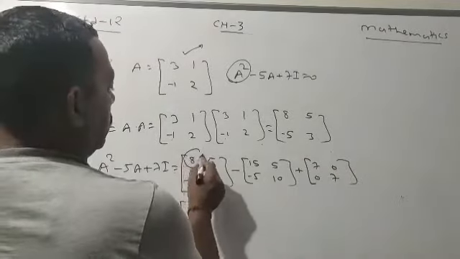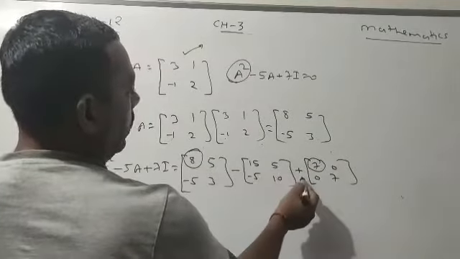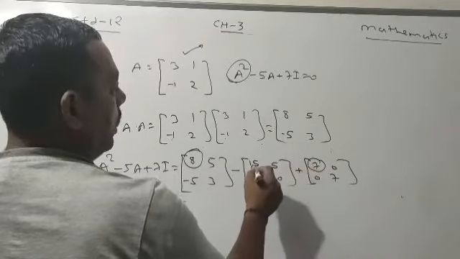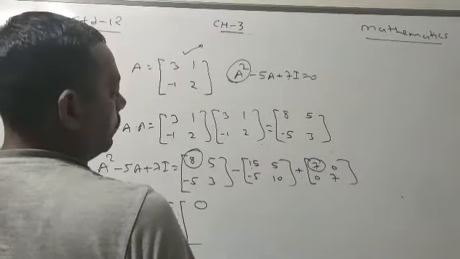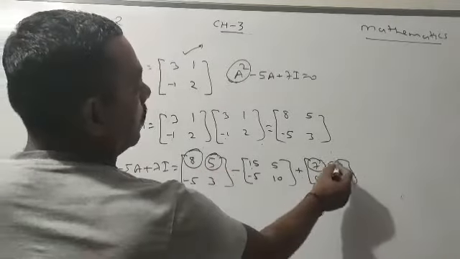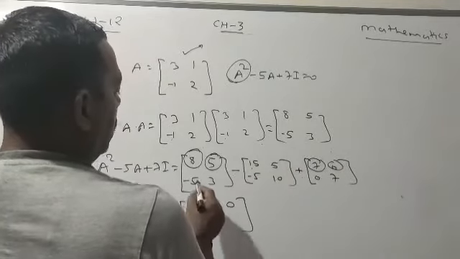Now we want a final answer. That is 8 plus 7, because they both are added, and 15 is subtracted. So 8, 7, 15 minus 15. Answer is 0. 5 plus 0 minus 5, so the answer is 0.